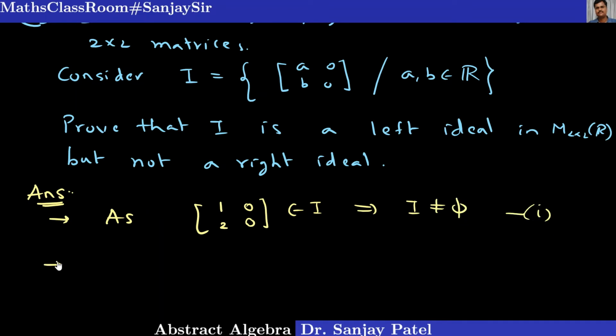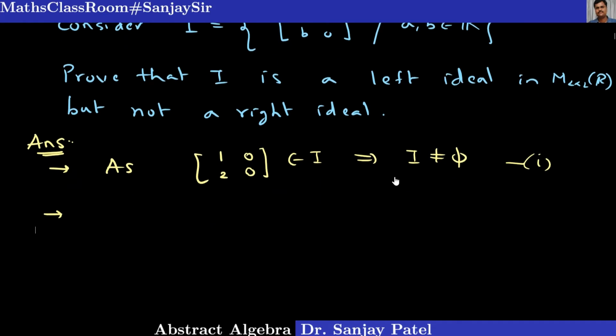Now, to prove I is a subgroup of M2x2(R), let us take any two elements from the set I. Our set I is this set, so I am taking two arbitrary elements.